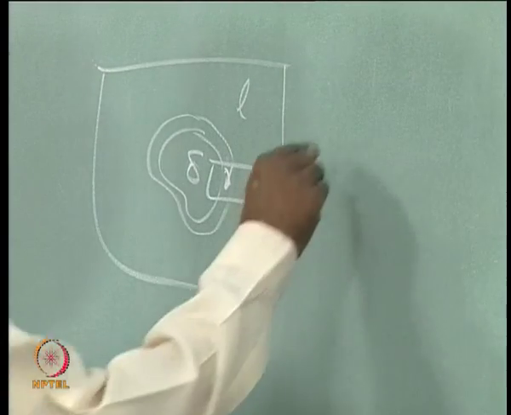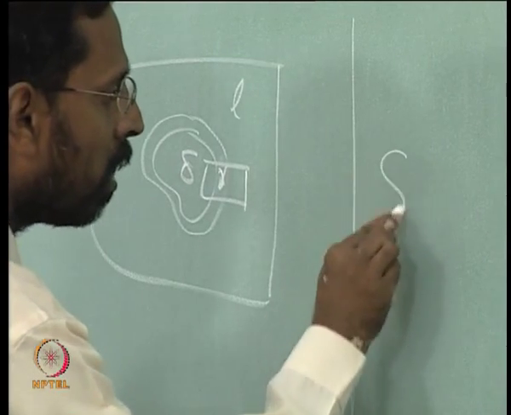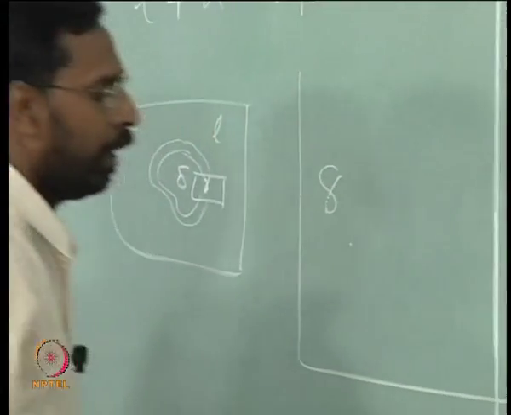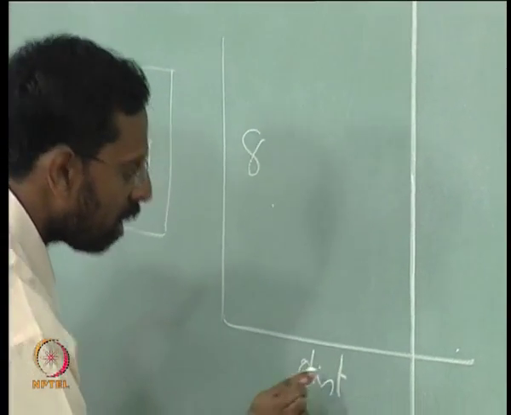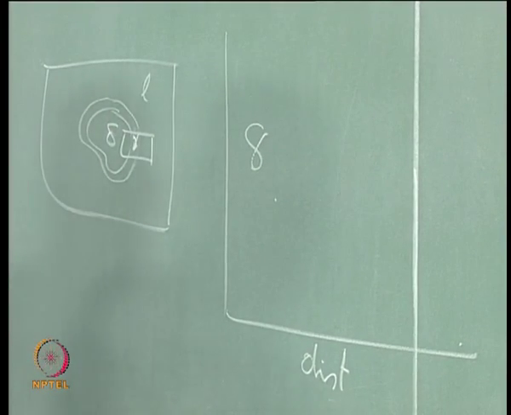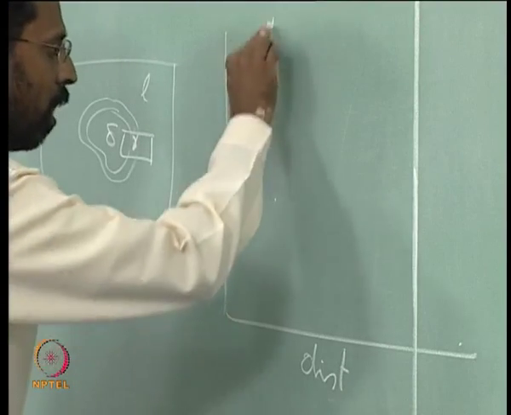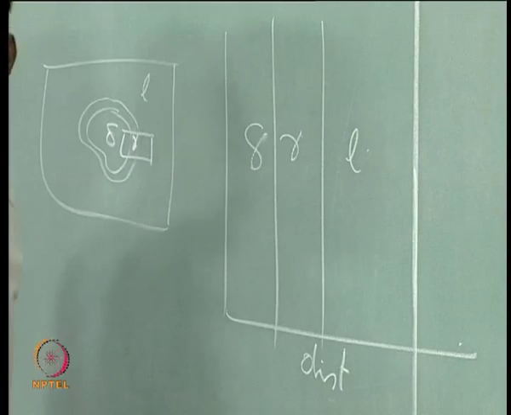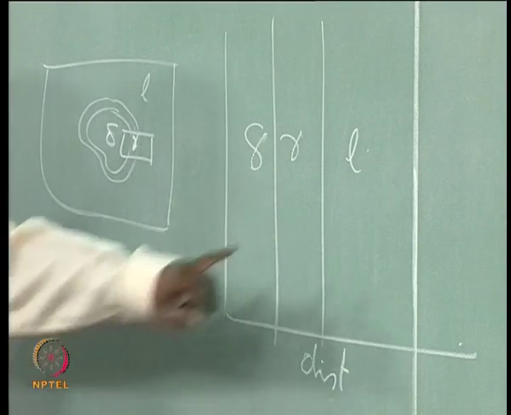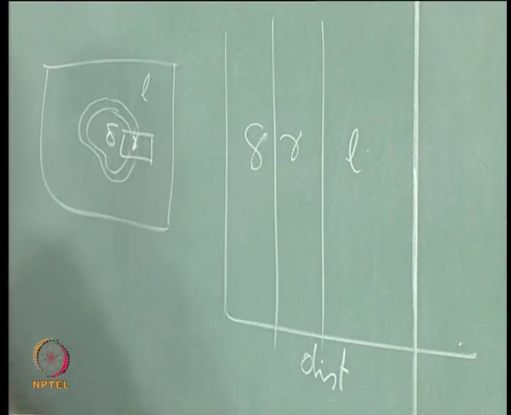What you have is, you have a delta. If I draw something like a distance, as a function of distance, you have a delta phase, you have a gamma phase, you have a liquid phase. Am I right? So, liquid and delta are separated by a gamma.